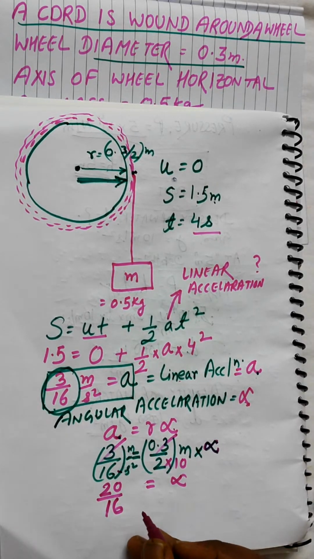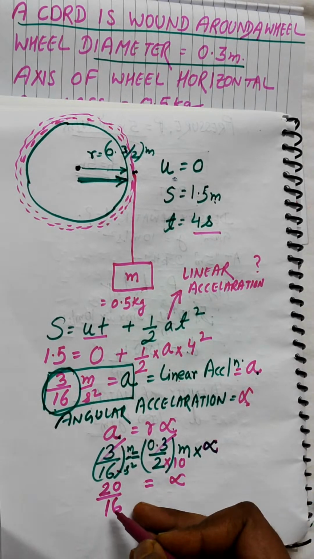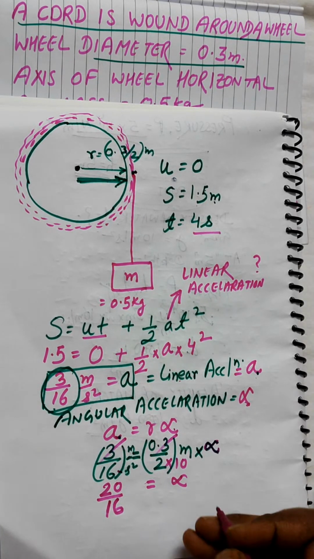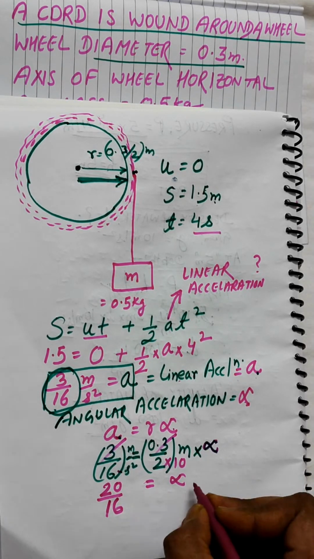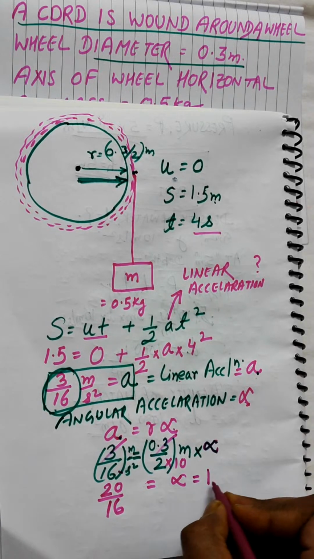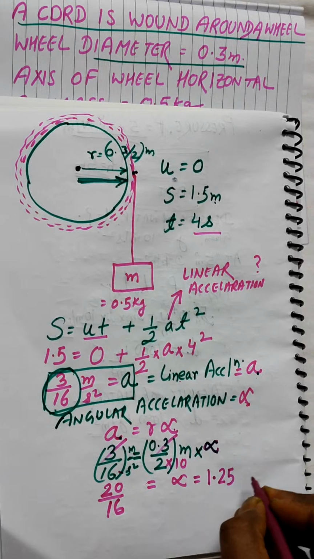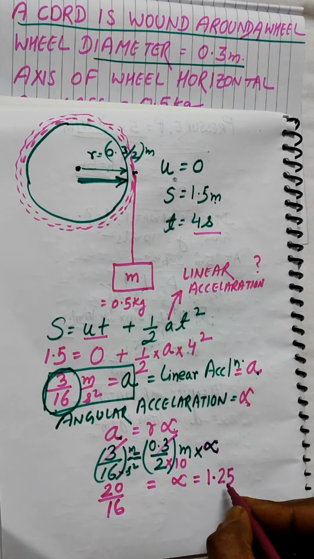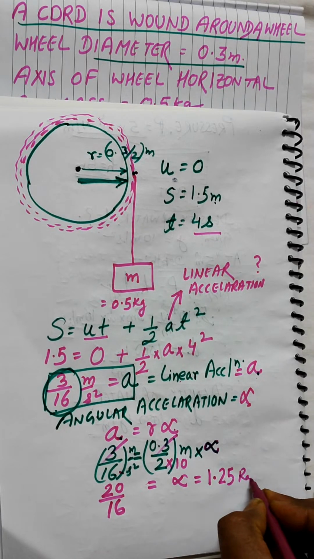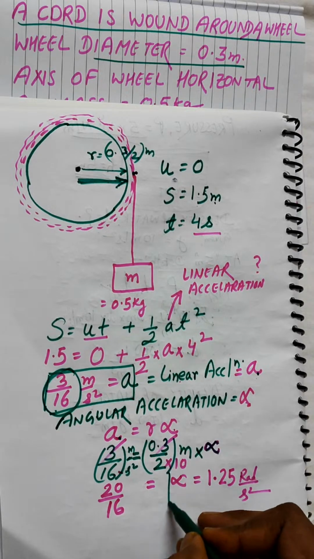This will be in radian per second square. So the angular acceleration is calculated as 1.25 radian per second square. This is the unit of angular acceleration.